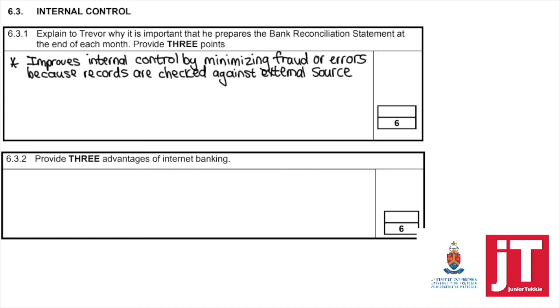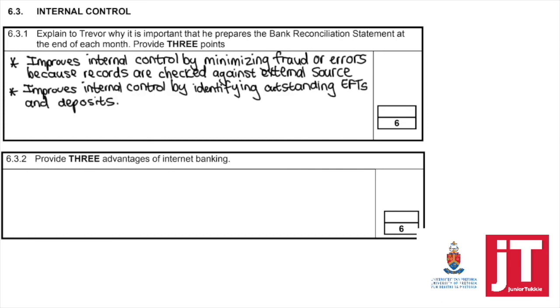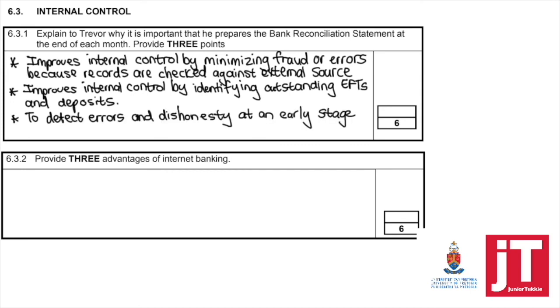Remember, the bank statement is an external source. It improves internal control by identifying outstanding EFTs and deposits. Can you see that I'm elaborating? I'm not just saying it helps for internal control. To detect if there's any errors or dishonesty at an early stage.